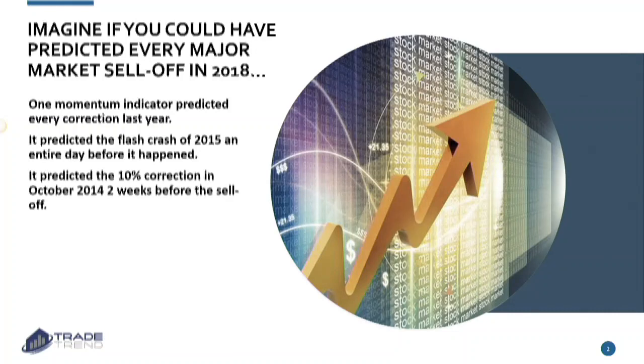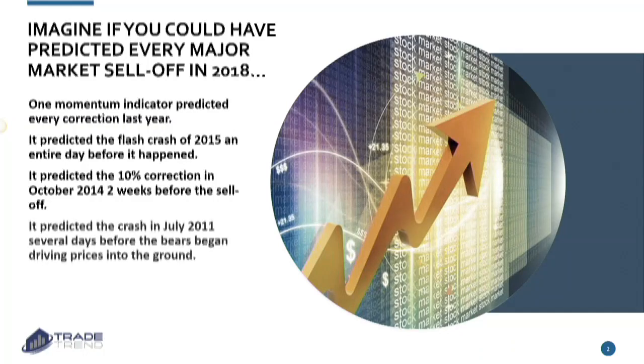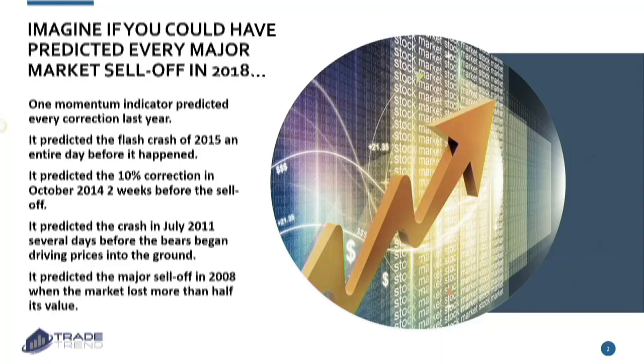It predicted the 10% correction we saw in October of 2014, and it gave us a 2-week warning in that case. It predicted the crash in July of 2011, several days before the bears began driving prices way down. And it predicted the major sell-off in 2008 when the market lost more than half its value. Those are more examples. I could probably go on and on, but I just want to give you a spectrum of what this particular indicator can do.